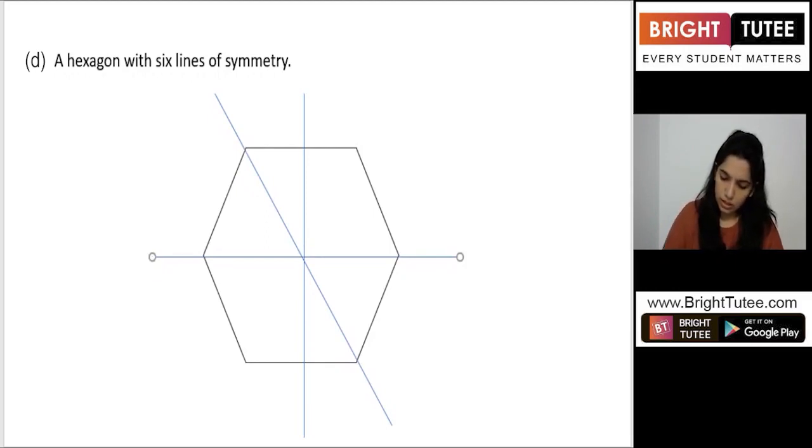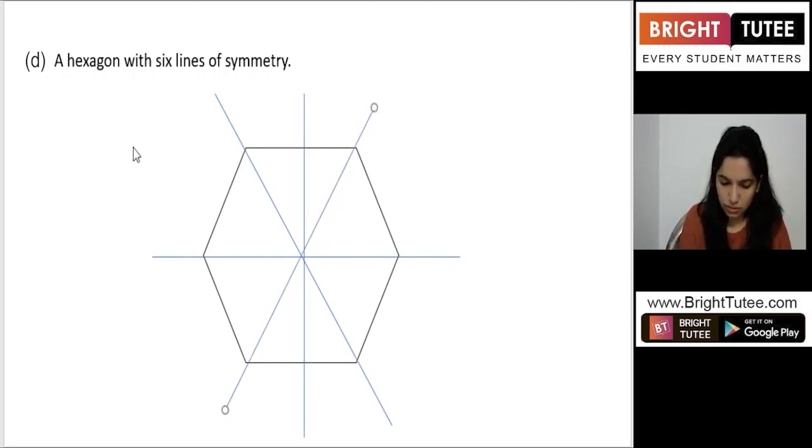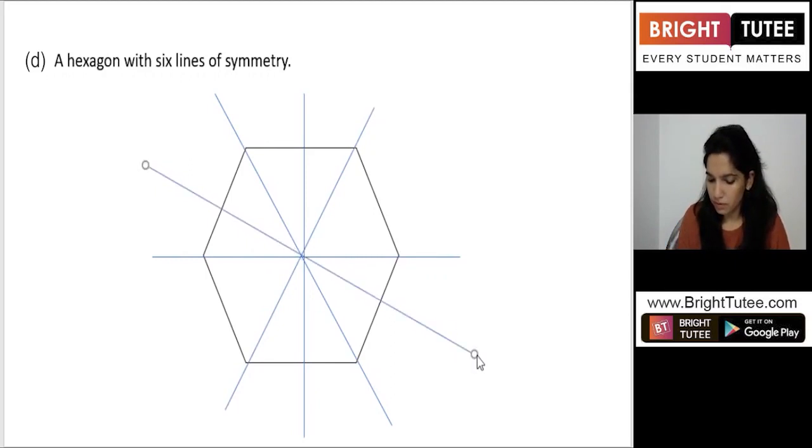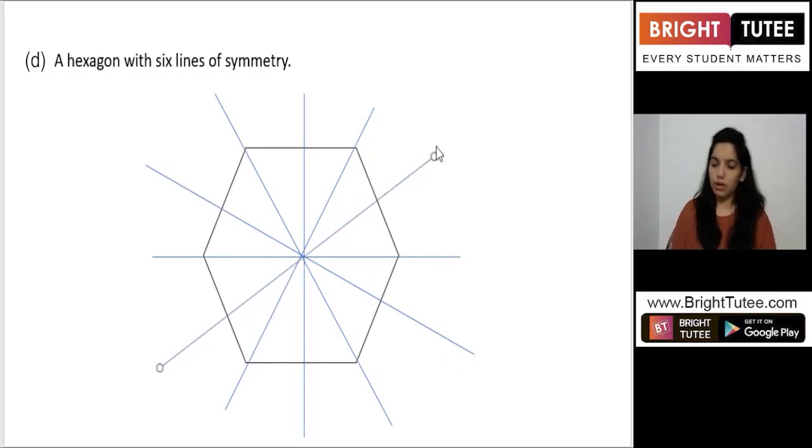Then I need another one here. It's 4. Then I need another one here. It's 5. Right? And another one, 6. Okay, so these are the 6 lines of symmetry that we have drawn for this given figure, hexagon.